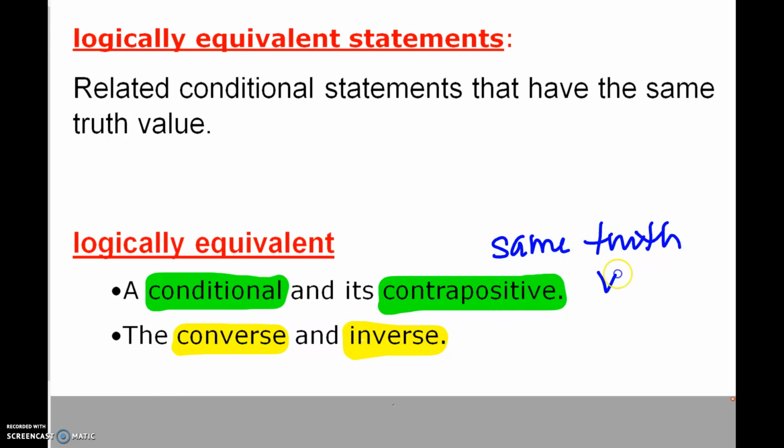If one's true, the other one's going to be true. If one's false, the other one's going to be false. And the same thing happens with the converse and the inverse. Those truth values are always going to be the same. Conditional, contrapositive, always the same truth. Always both true or always both false. And the same thing happens with your converse and your inverse.